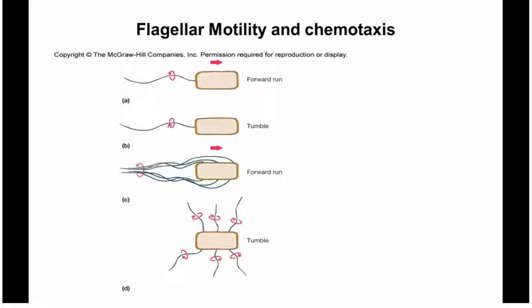I'll change direction randomly. If it's the wrong direction, I'll change again. And I'll keep going the same way as long as I'm getting more sugar. Okay? So very simple mechanism. Forward and random, and I'll switch between them to go towards things I like and go away from things I don't like.